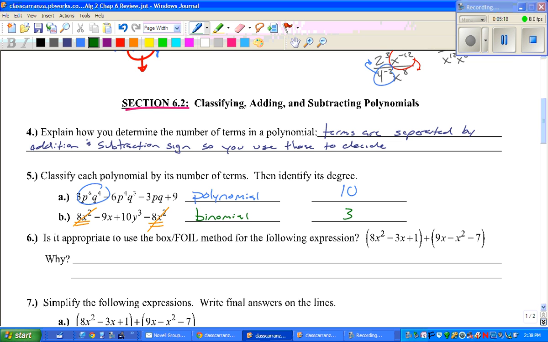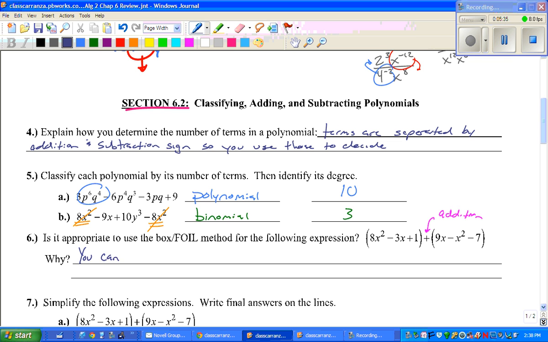All right, number 6. Is it appropriate to use the box or FOIL method for the following expression? Take a look right here, because there we have an addition sign. So, can you use that?